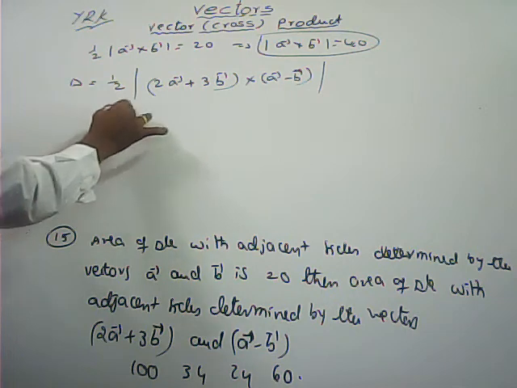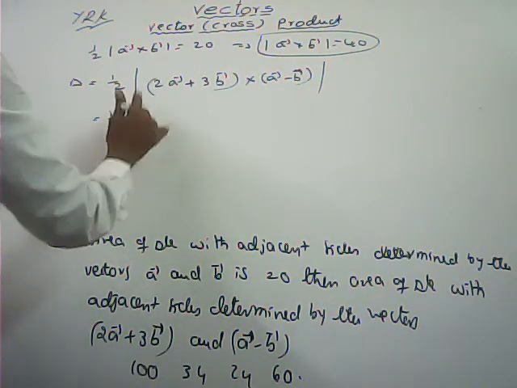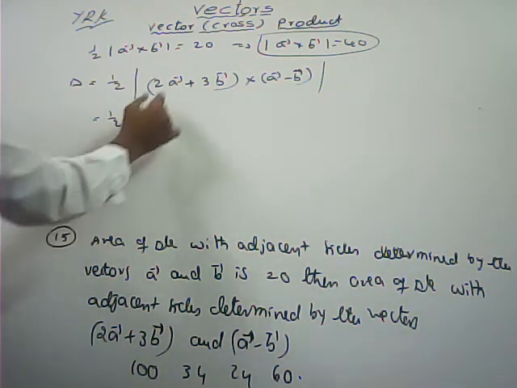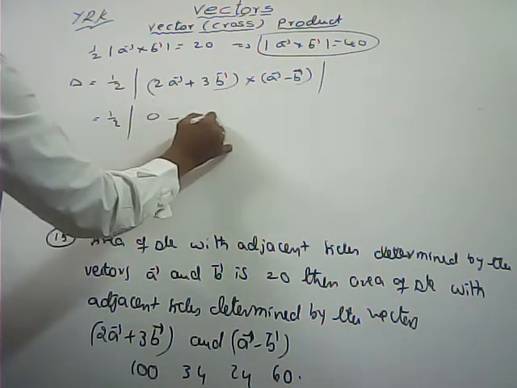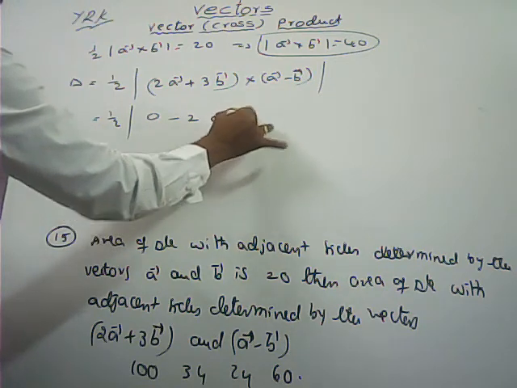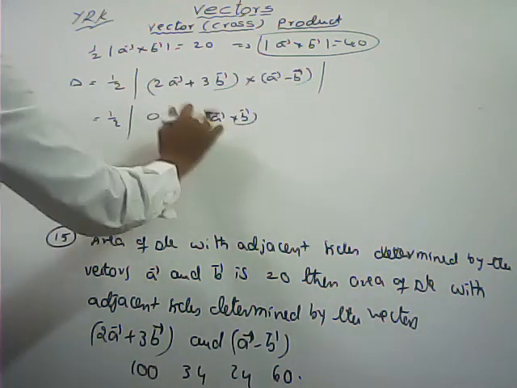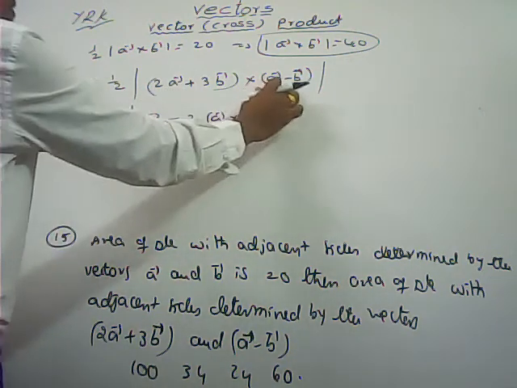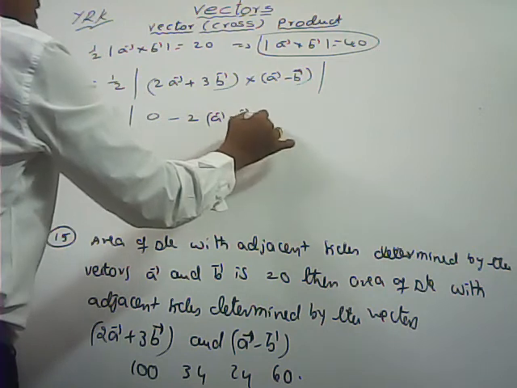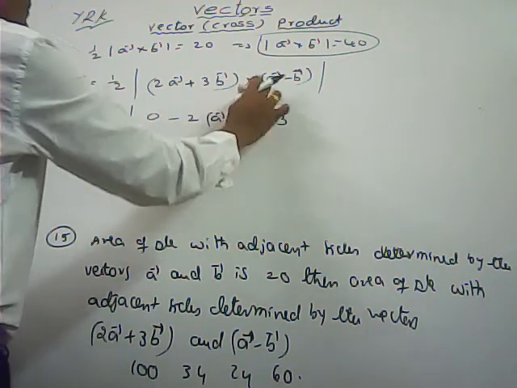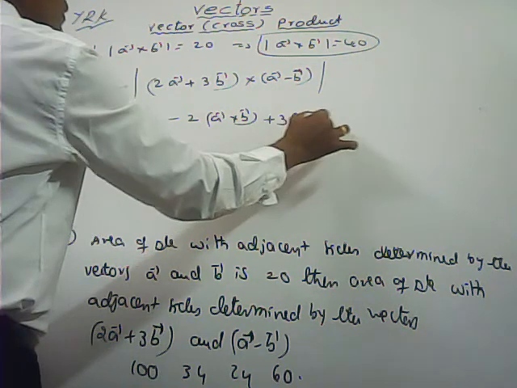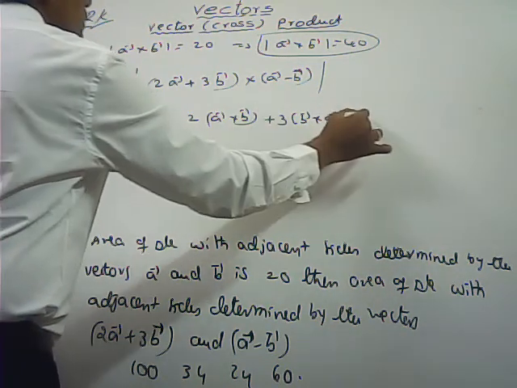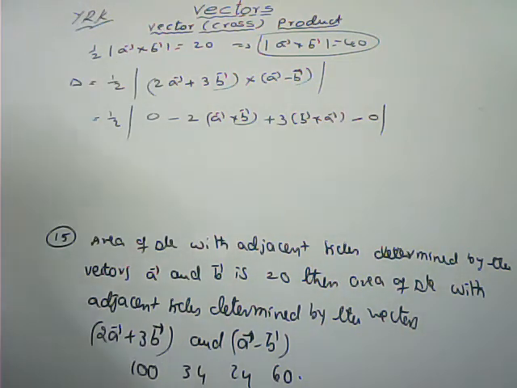Half into modulus of 2 into a bar cross a bar, that is 0, minus 2 into a bar cross b bar. Here plus into minus, minus 2 into the scalar, we can write before a bar cross b bar, before the vector. Next plus 3 into b bar cross a bar. Plus into minus, minus b bar cross b bar is always 0, both are collinear.